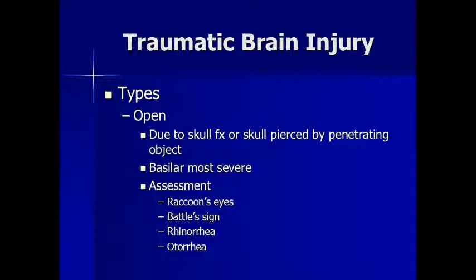Open brain injuries occur when an object pierces the skull, enters the brain, and damages the soft brain tissue, or when blunt trauma is so severe that it opens the scalp, the skull, and the dura to expose the brain. Most of your penetrating injuries are due to either gunshot wounds or knives.